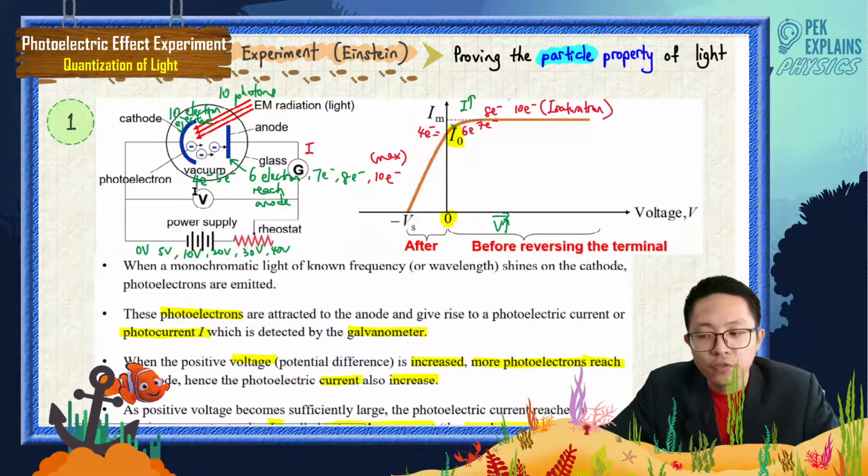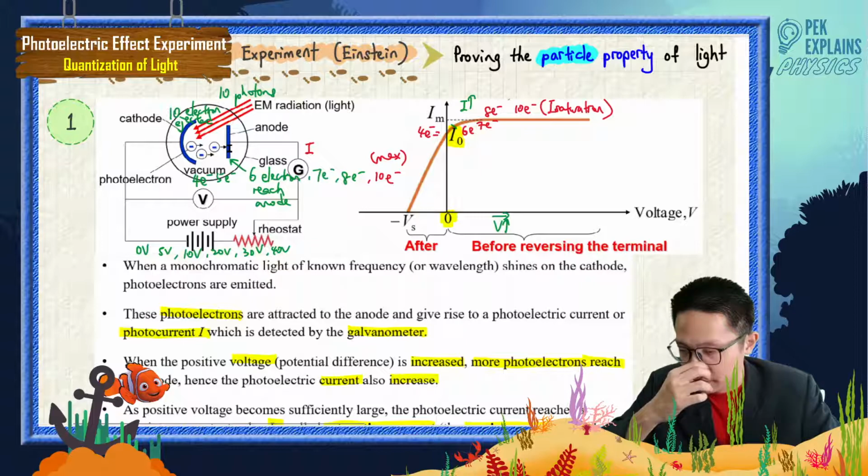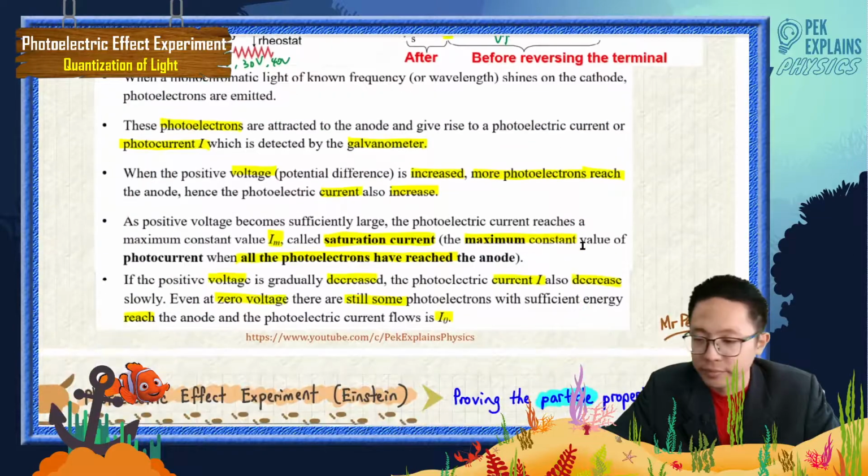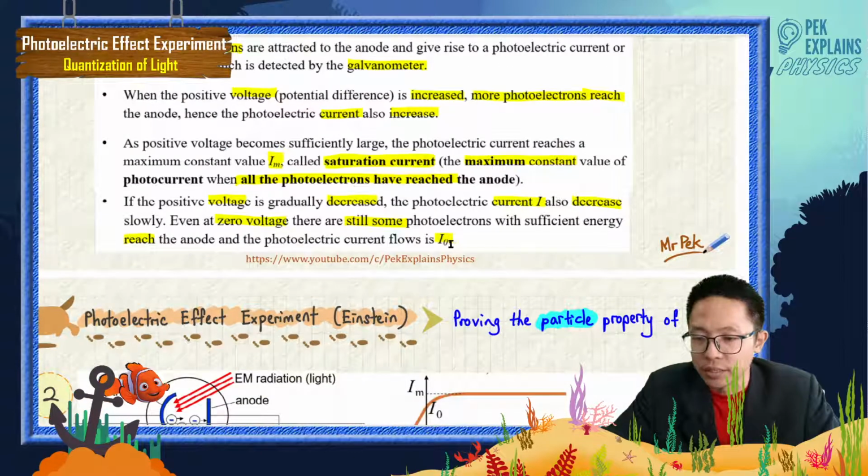Why are there still 4 electrons reaching the anode? Because they still have kinetic energy from the light after being ejected by the photon. So you see, at 0 voltage, the current is not equal to 0, but is equal to I naught.